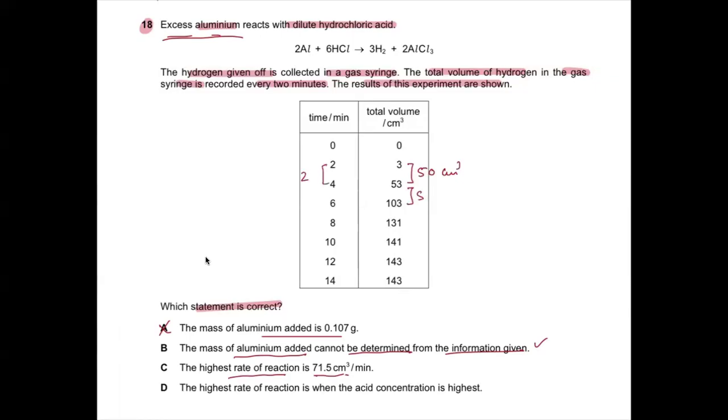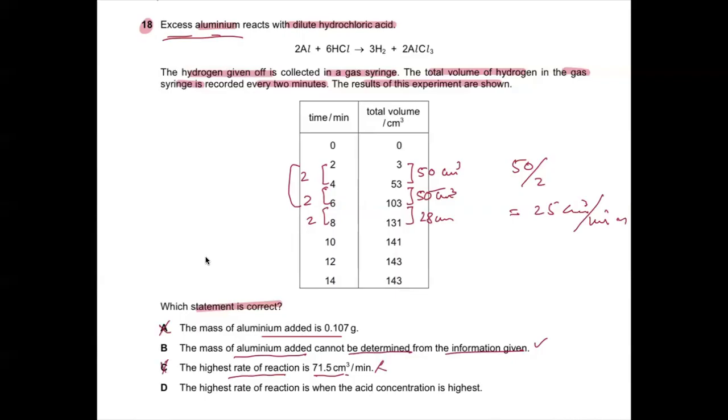Then over here, 50 centimeter cube of gas is collected in 2 minutes. Then over here, it's around 28 centimeter cube of gas collected in 2 minutes. So this time the reaction is highest. 50 divided by 2, we get 25 centimeter cube per minute.